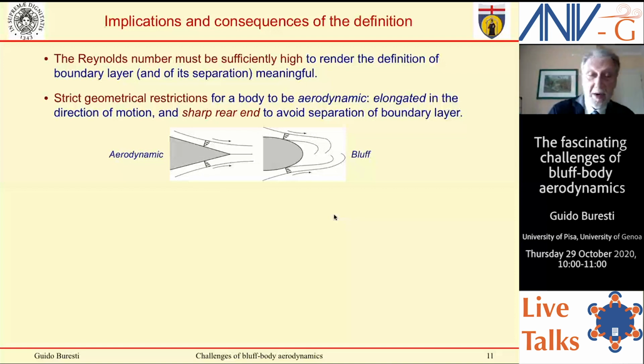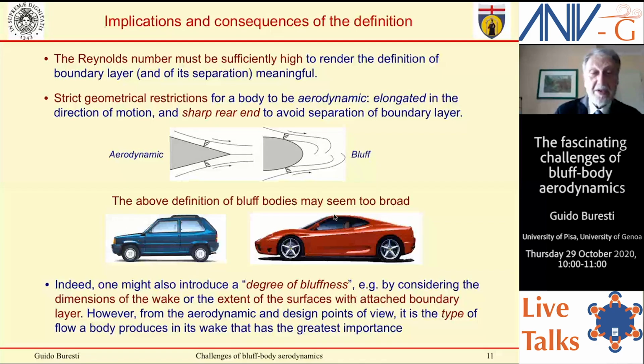And you may think that this is a broad definition, and you may introduce a certain degree of bluffness, considering, for instance, the dimension of the wake or the extent of the surface with attached boundary layer and so on. This is very good. You may do that, but what is important really is what happens and what are the consequences of the presence of a separated wake.